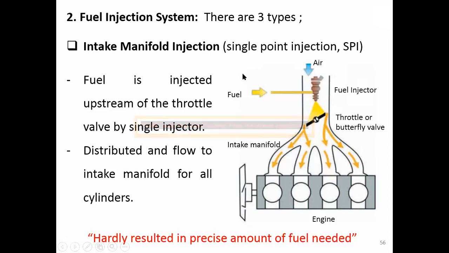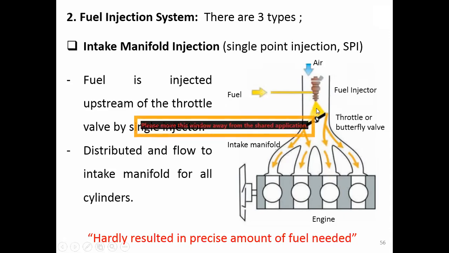The reason why they first did this is, remember, this injection needs a high pressure for the fuel to be atomized. The fuel has to become very small particles in order to mix better with the air.